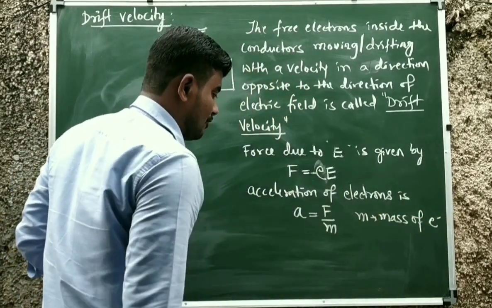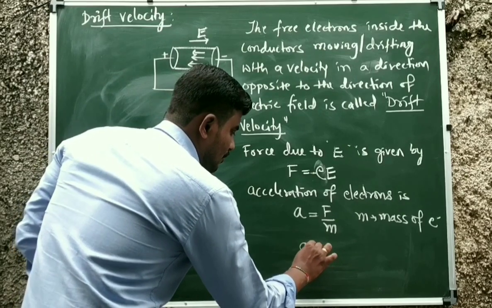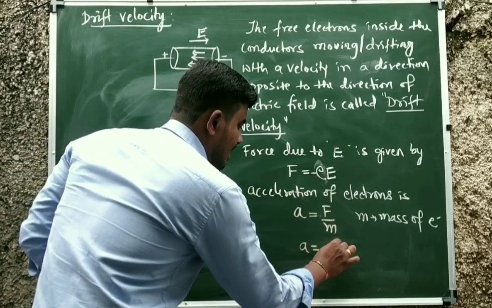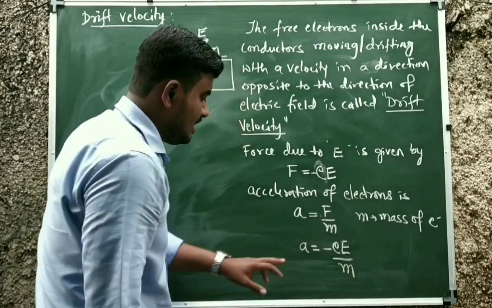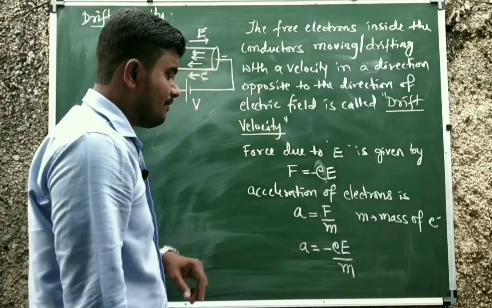So a = -eE/m. This is the acceleration of free electrons.